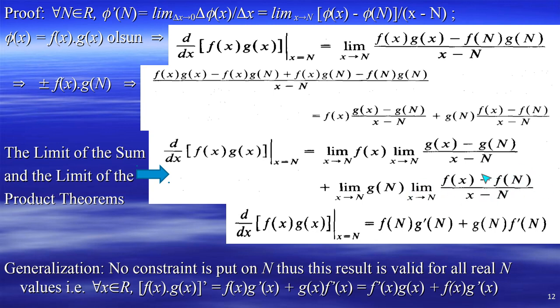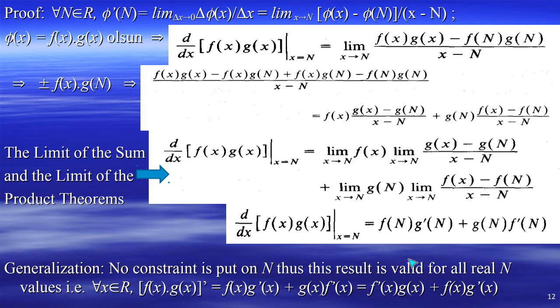This is the derivative of the function f at the point n, f prime of n. So what I obtain is the derivative of the product f of x g of x at the point x equals n. It is f of n times g prime of n plus g of n times f prime of n.